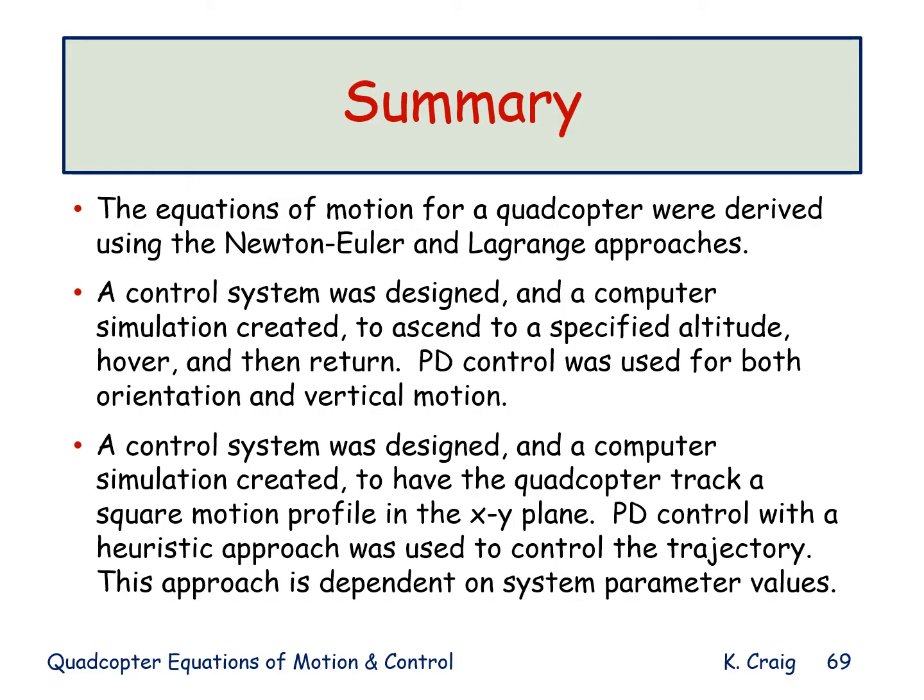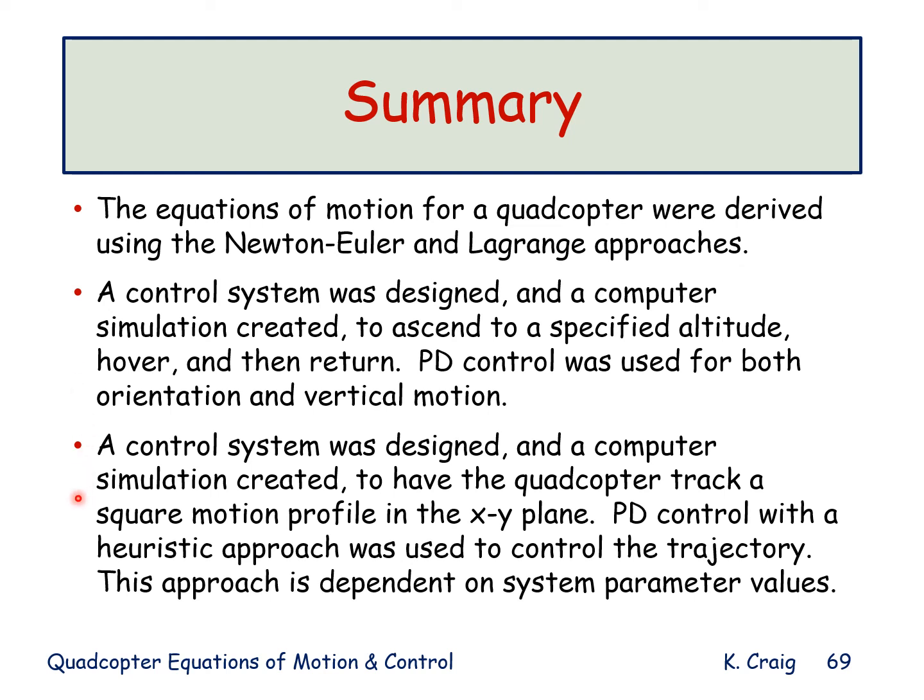In summary, the equations of motion for a quadcopter were derived using the Newton-Euler and Lagrange approaches. A control system was designed and a computer simulation created to ascend to a specified altitude, hover, and then return. Proportional derivative control was used for both orientation and vertical motion.